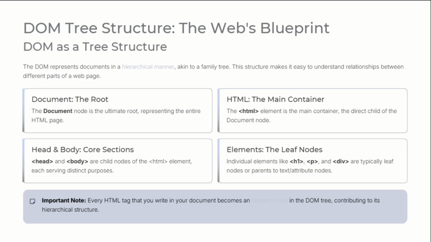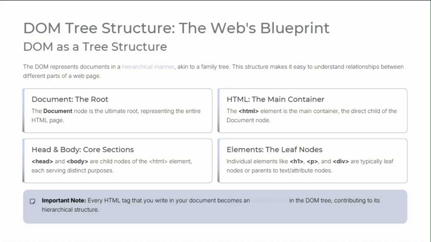Now, we'll discuss the DOM tree structure, the web's blueprint. The DOM represents a document in a hierarchical tree structure, similar to a family tree. At the top is the document node, which represents the entire web page. Below it is the HTML element, which acts as the main container.